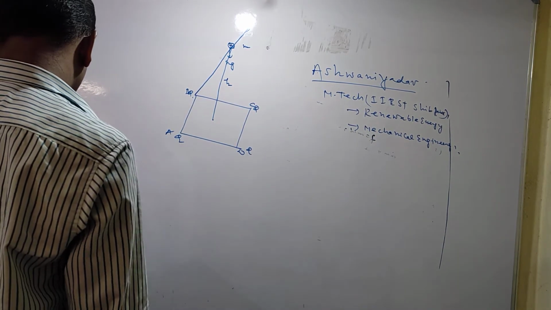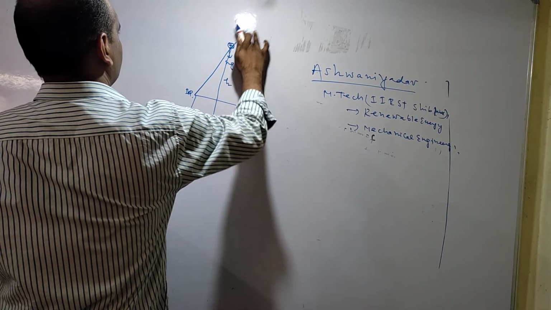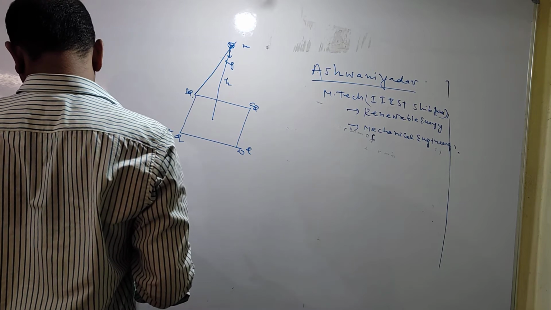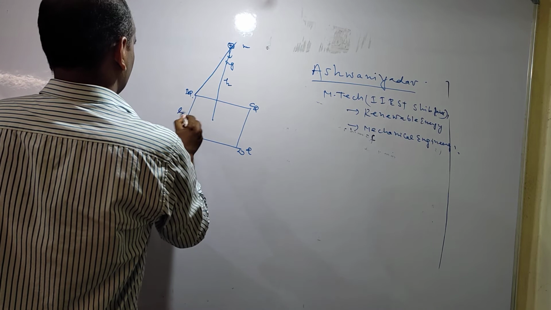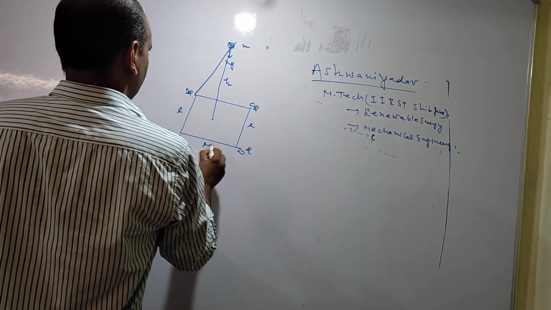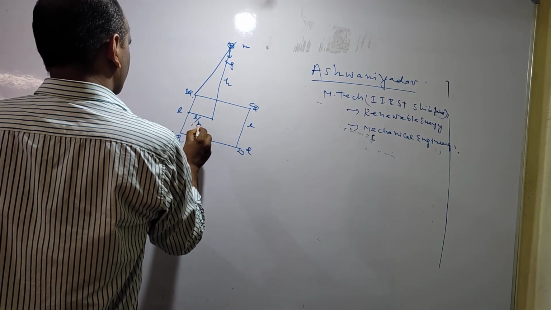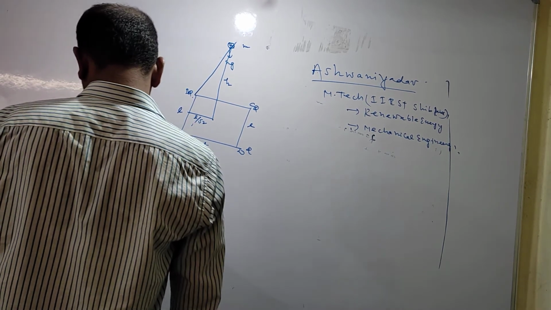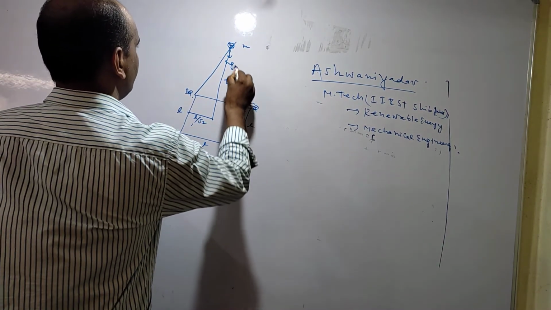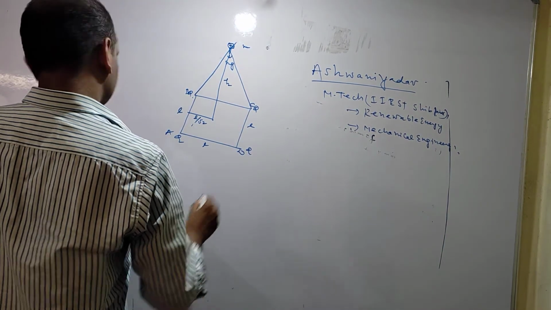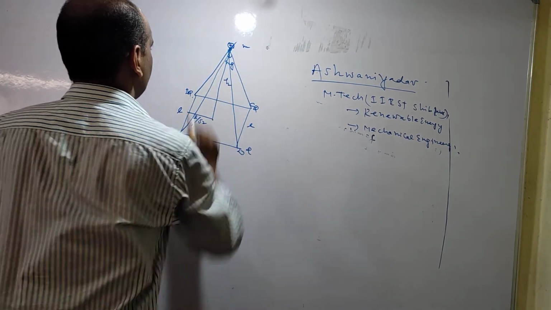The length of the square is L, and this will be L by root 2, and this is connected by the string like this and like this.